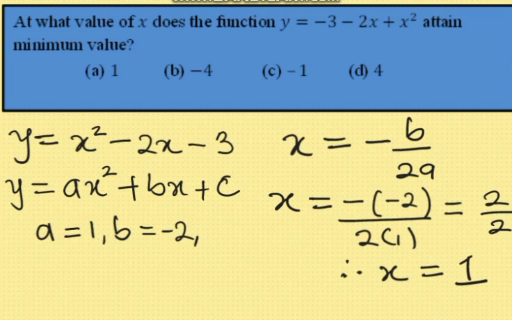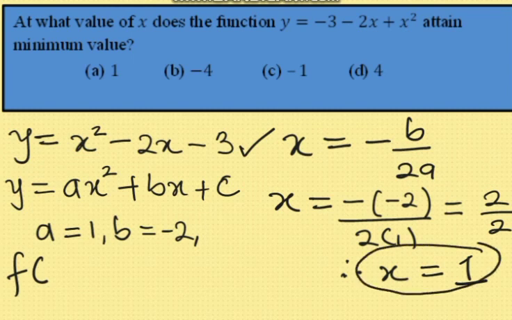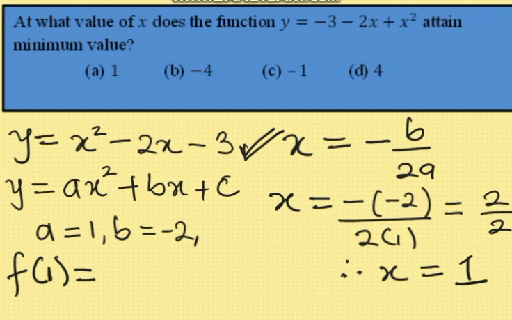But furthermore, if the question says to obtain the minimum value, it means we are going to obtain the minimum value of this function, that is f(x). And what is our x now? Our x is 1. So our f(1) will determine the minimum value of this function, x² - 2x - 3.